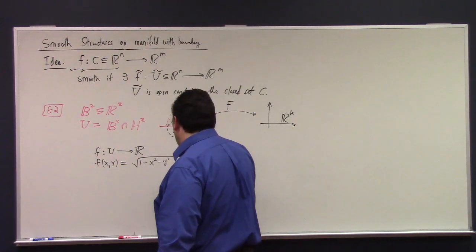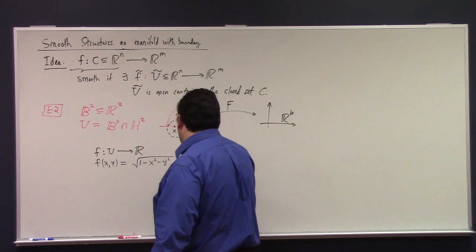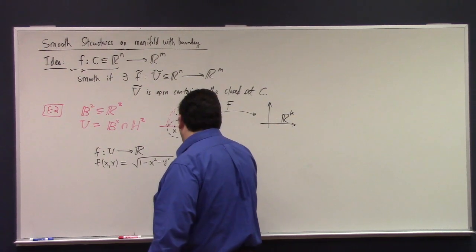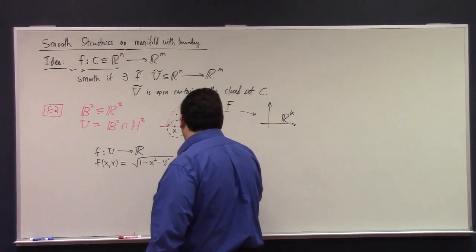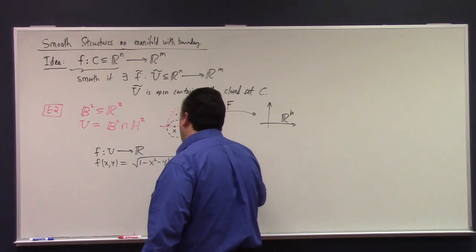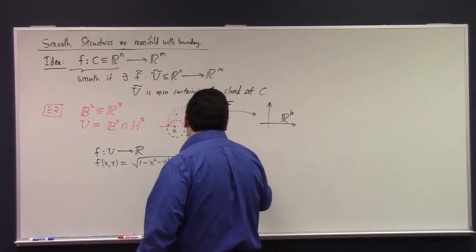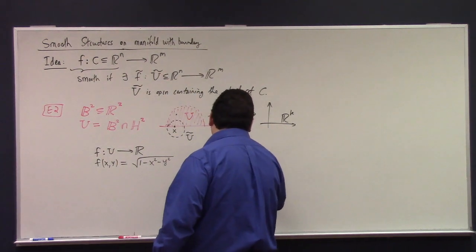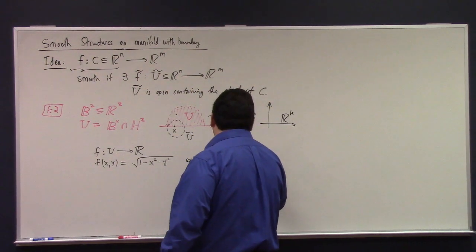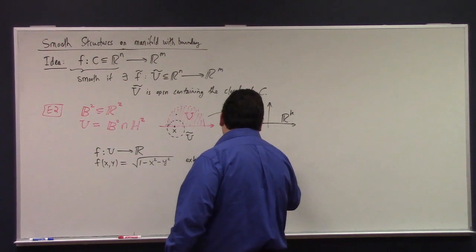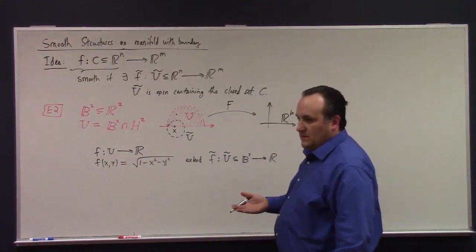We can just as well extend to, let's say, F tilde, a mapping on U tilde, which is a subset of B2 to R, by the same formula, and it's smooth.